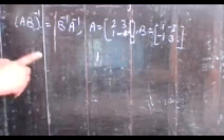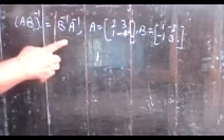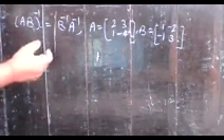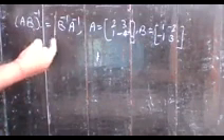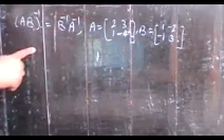So here you have to verify this result. How do you verify it? First you find the value of the left hand side, and then you find the value of the right side. If they are equal, you can say that yes, this result is correct. In this way you can simplify it.